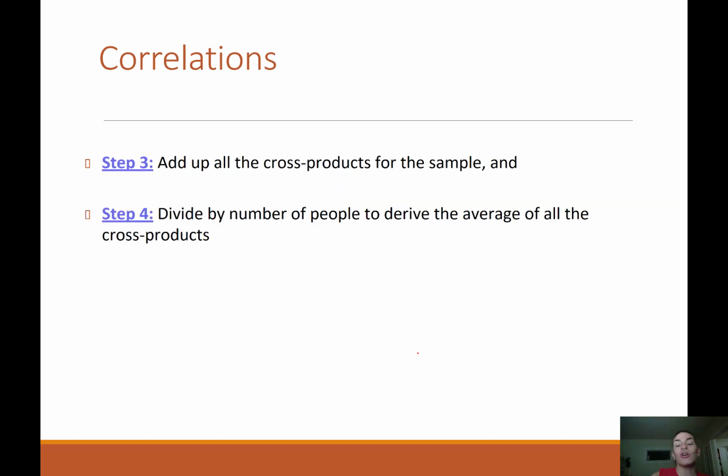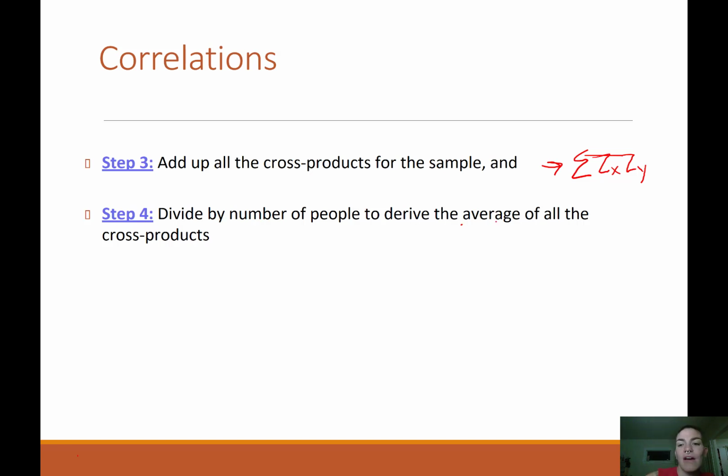After you have a cross product for each person, then you add those all up. And that gives us the sum of zx times zy, which you might recognize as the numerator of the Pearson correlation coefficient formula. And then finally, we divide by the number of people to derive the average cross product.